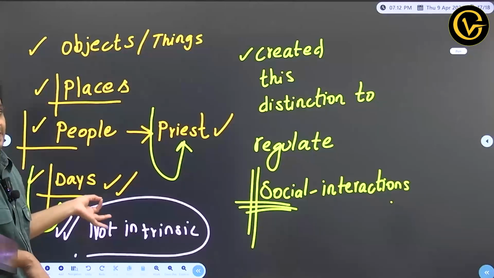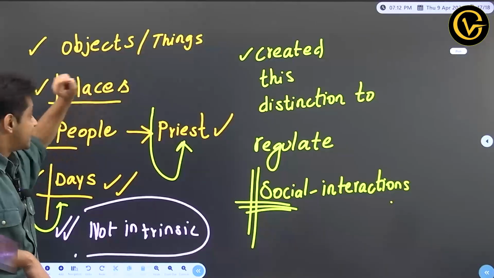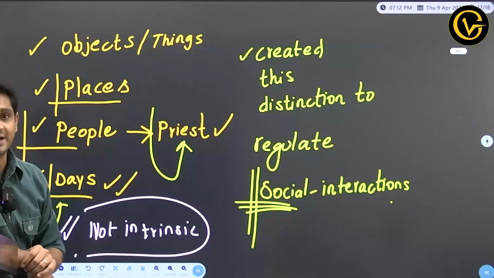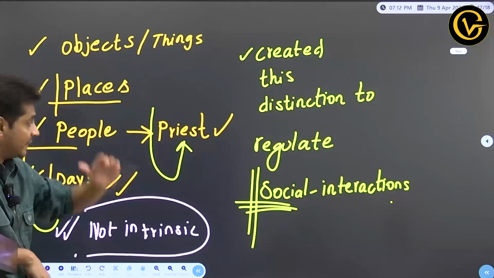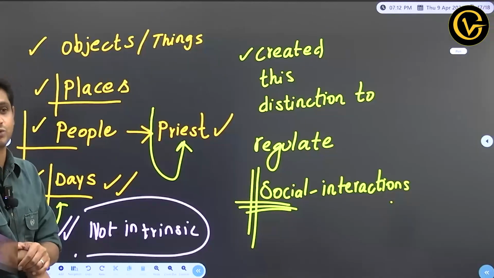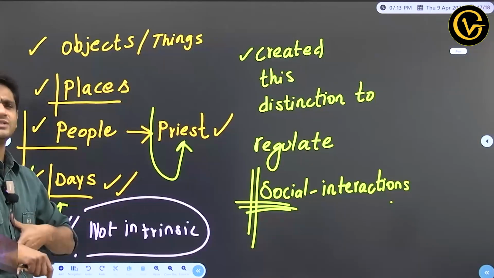So every society has created this sacredness or assigned this sacredness to certain things to regulate social interactions, to bring social control. I'll add one more layer. What is this regulating social interaction?